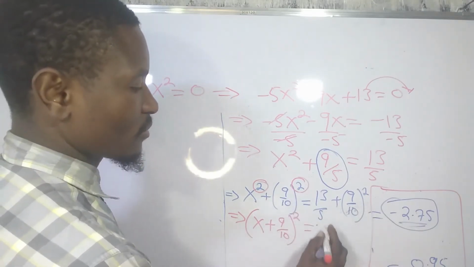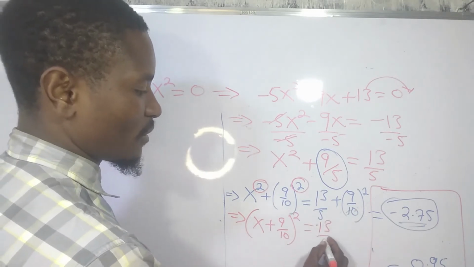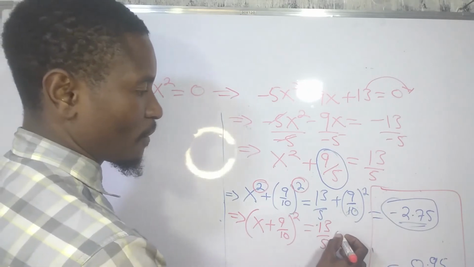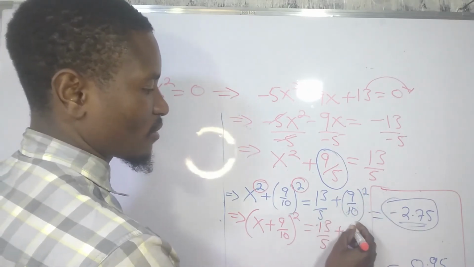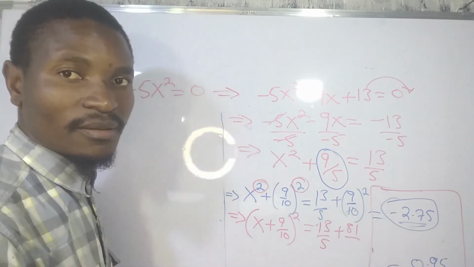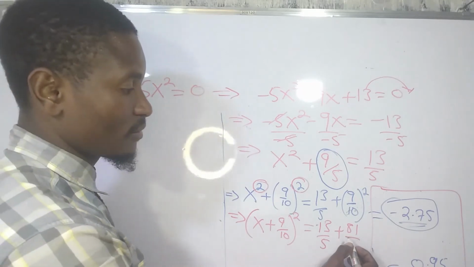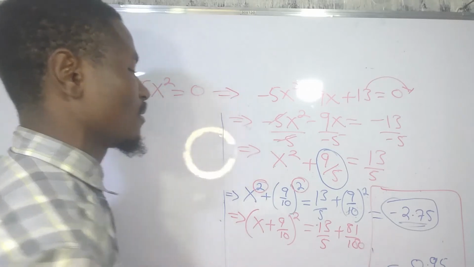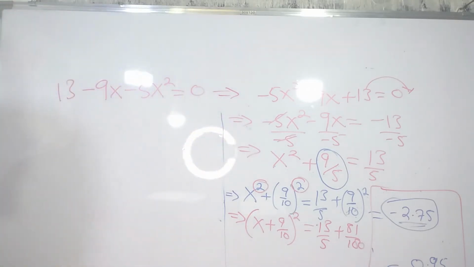Then on this one, you can say 13 over 5. So 13 over 5 plus 9 squared is 81, and then 10 squared is 100. So from there, I'll write from here.